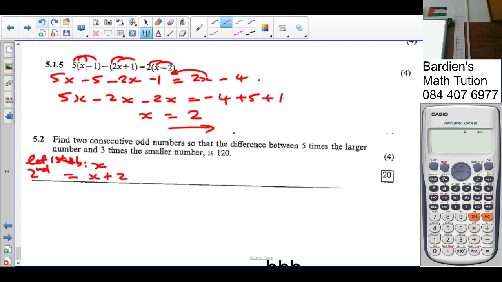So that the difference between what? Difference means minus. What did I say?